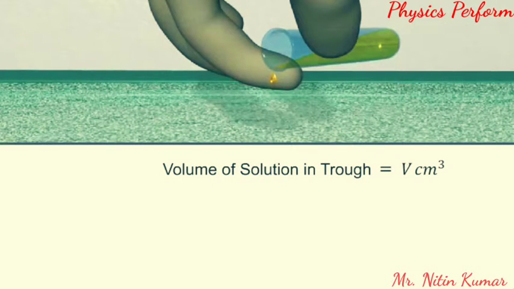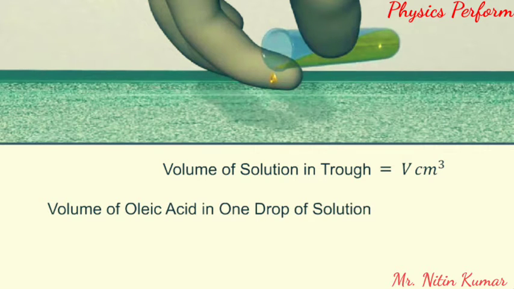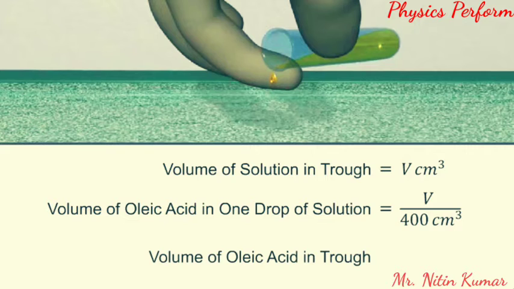As the concentration of oleic acid is 1/400 in the solution, the volume of oleic acid in each drop of the solution is V/400 centimeter cube. Since only 1 drop of solution is put in the water, the volume of oleic acid in the thin film is equal to the volume of the drop, that is, V/400 centimeter cube.